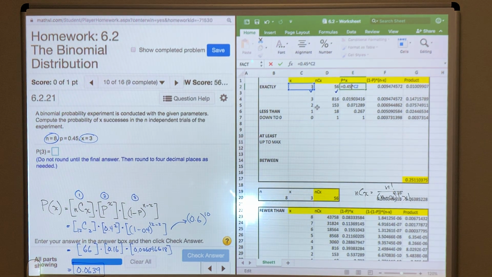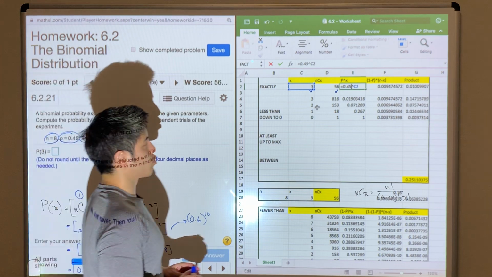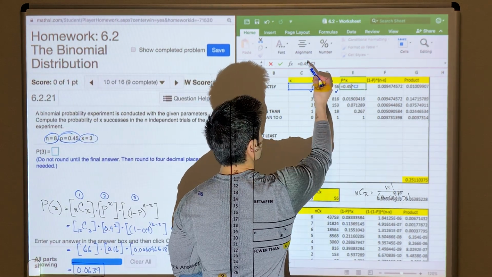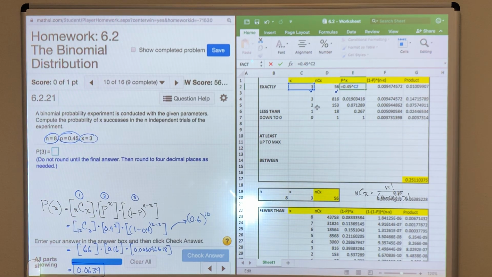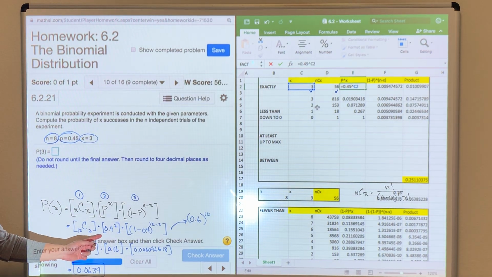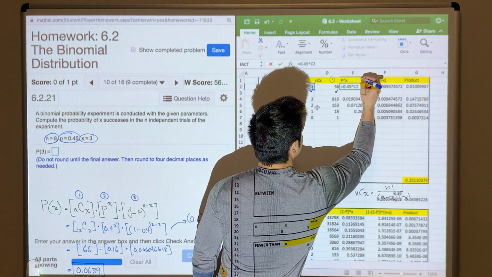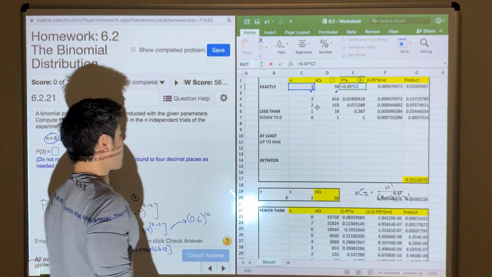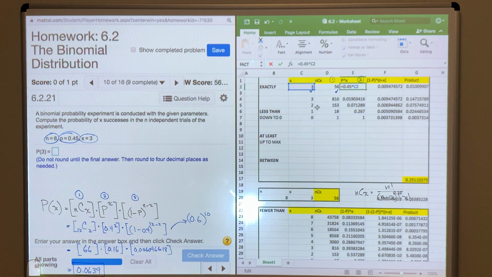So I take the probability that's given to me, and I raise it to the power of whatever my x value is. And what I'm doing right there is this step. There it is. So here is steps 1 and 2 with respect to the original problem we did on the last one, okay? That gives me a value of 0.09 whatever.